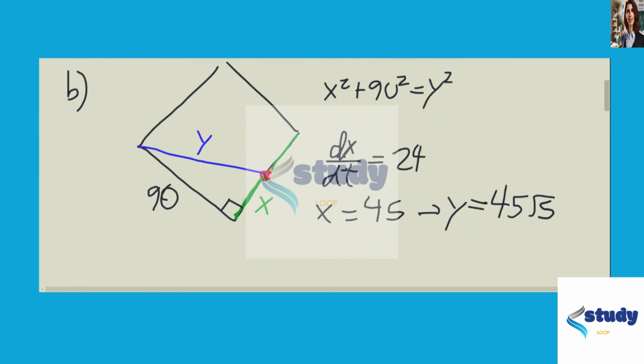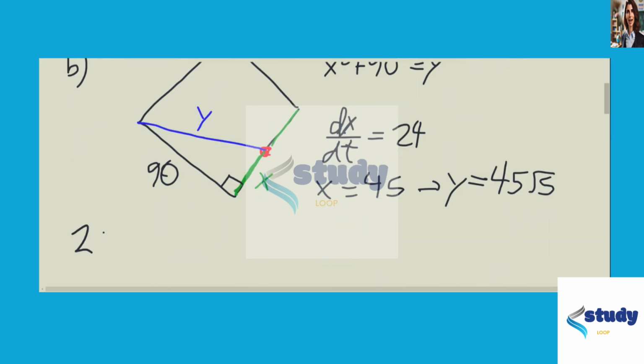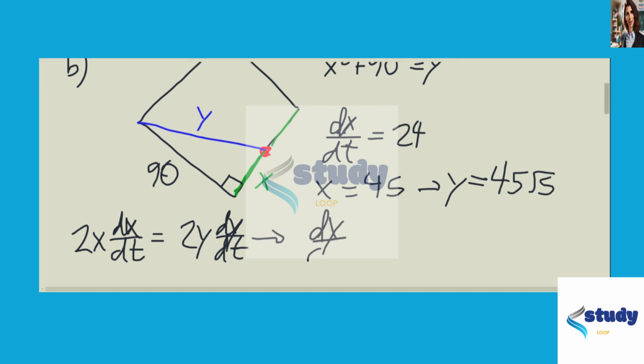Now, in order to find dy/dt, this is what we want to find. Once again, we have to use implicit differentiation, so we get 2x dx/dt equals 2y dy/dt, differentiating both sides by t, and therefore solving for dy/dt, dy/dt equals x over y times dx/dt.